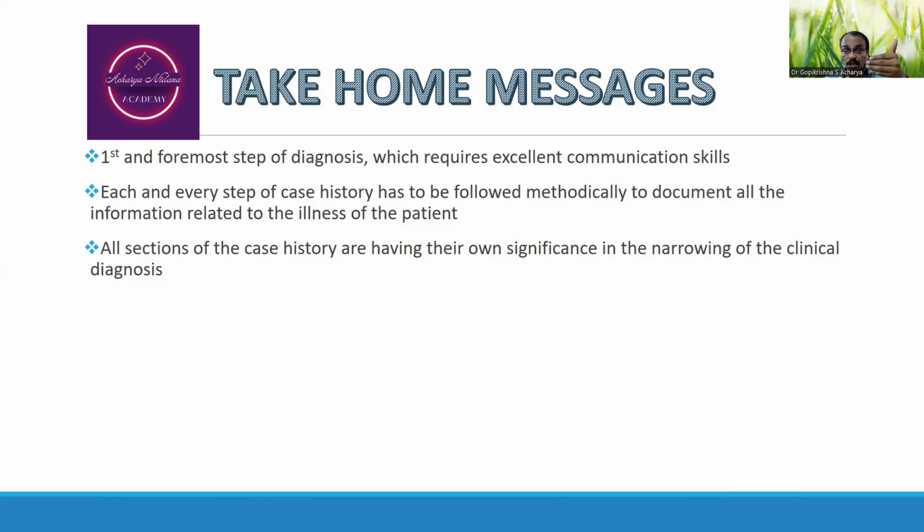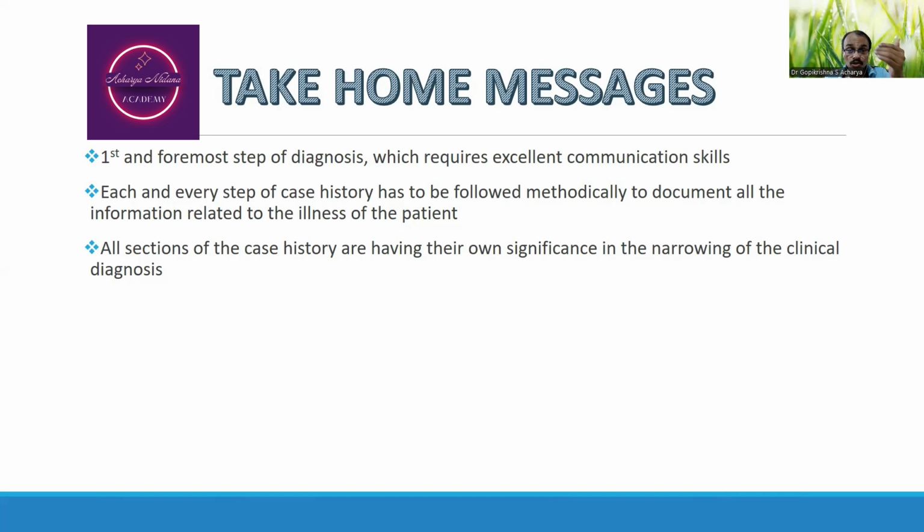When you think about the further aspects of case history, it has to be in the form of history of present illness, past history, treatment history, family history, personal history, menstrual and obstetric history, social history, environmental history, and occupational history.